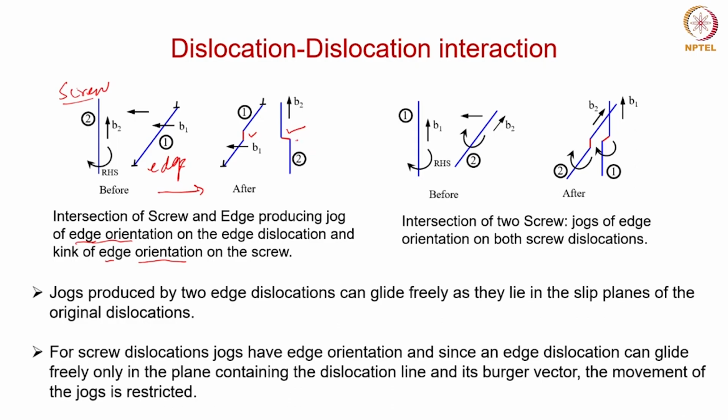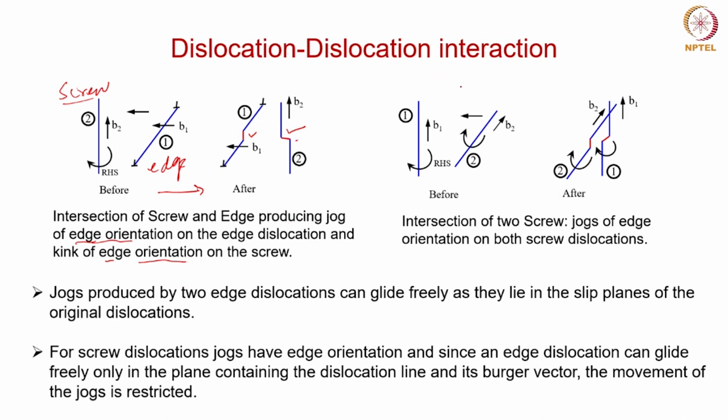Okay, so this is a kink, while the step which is generated on the edge dislocation is a jog, right? Because this is out of the slip plane and this is still lying in the slip plane. Okay, but for both the cases, this is of edge orientation.